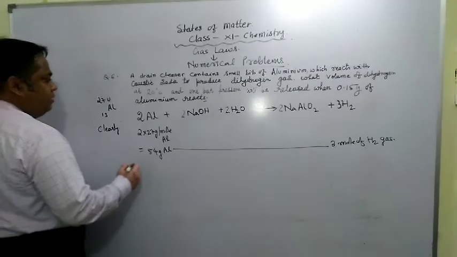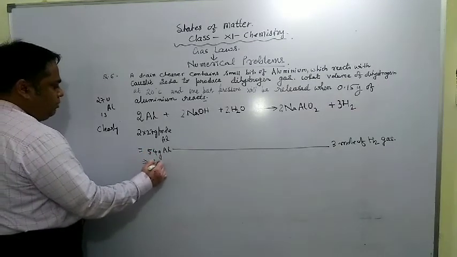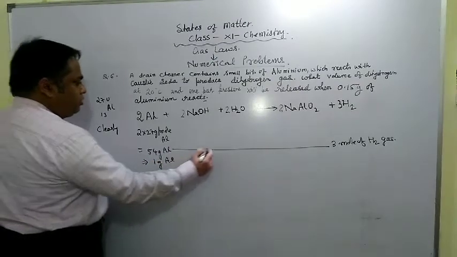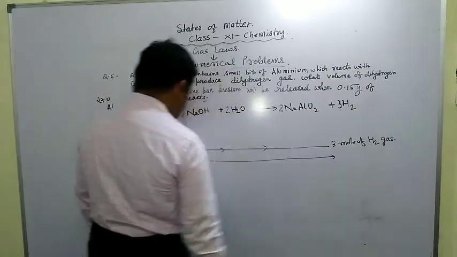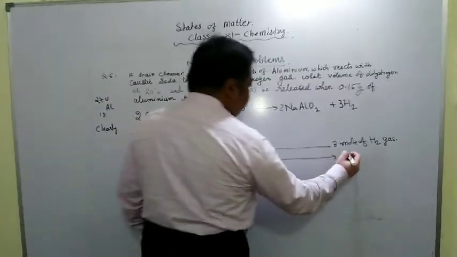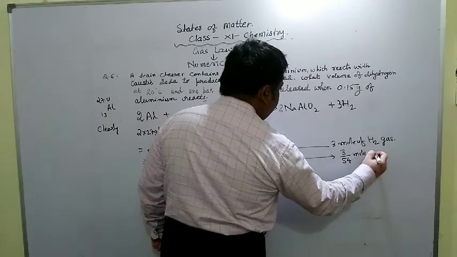So this implies 1 gram aluminum will produce 3 by 54 mole hydrogen gas.